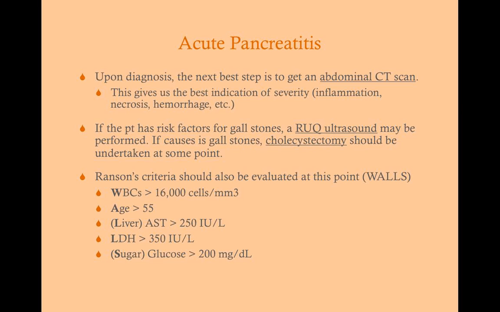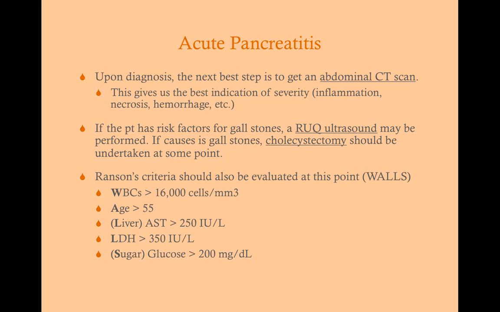Now, the USMLE is not going to directly ask you to calculate a Ranson score and then ask you what the survivability is or what the mortality rate would be. But what you should know is what the Ranson's criteria are on admission as a general idea, and how that classifies pancreatitis without the CT scan as mild acute pancreatitis or severe acute pancreatitis.